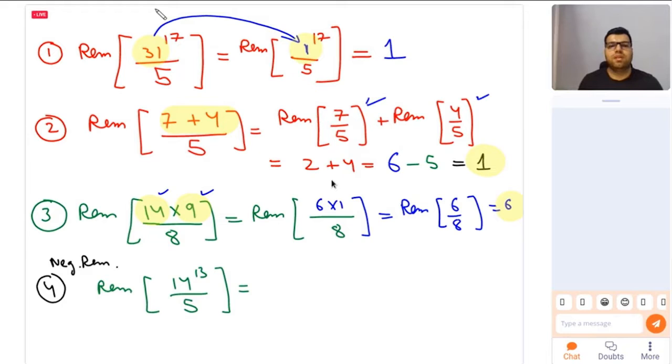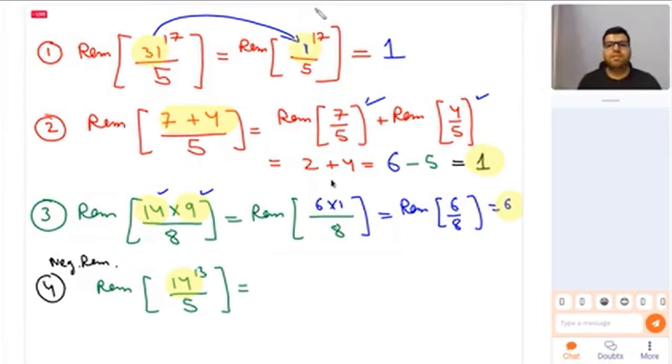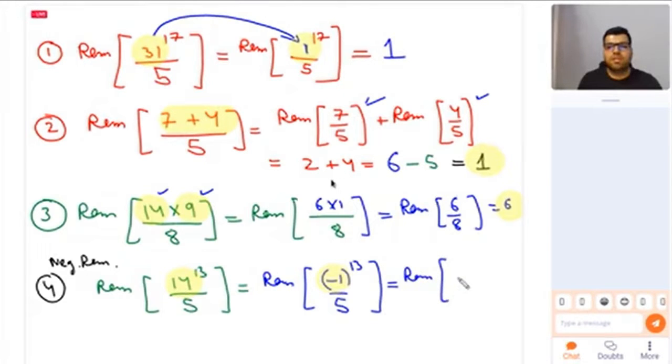Instead of writing remainder of 14 with 5 as 4, I would write it as minus 1. So I will take the negative remainder. So this will become remainder of minus 1 to the power 13 with 5. So I replaced 14 with -1. Very nice. And then this becomes remainder of -1 raised to power odd is -1, remainder of -1 with 5. So this value is nothing but -1 only.